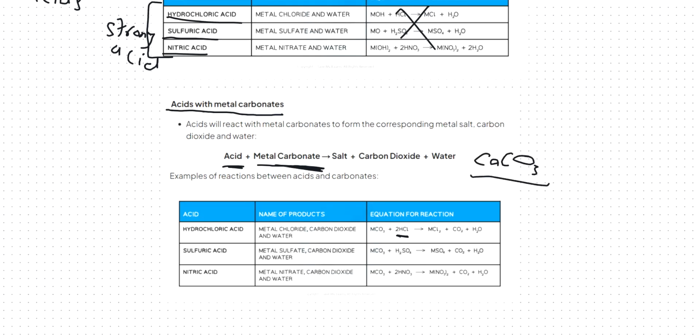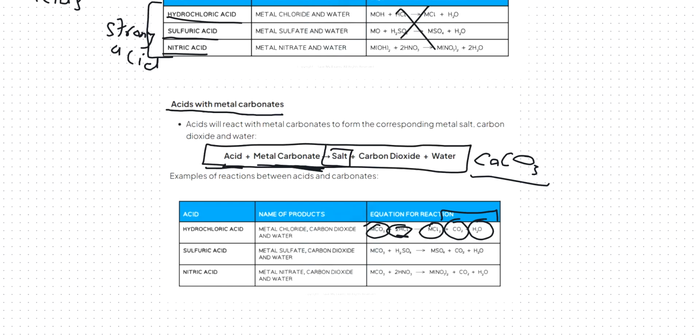So a metal carbonate with an acid would give you a salt of that carbonate plus carbon dioxide plus water. Now, carbon dioxide and water are the byproducts, the extras, and the main product is the salt that is formed. Yeah, so you have to memorize this as well. You have to know the general rules, not very specific reactions.